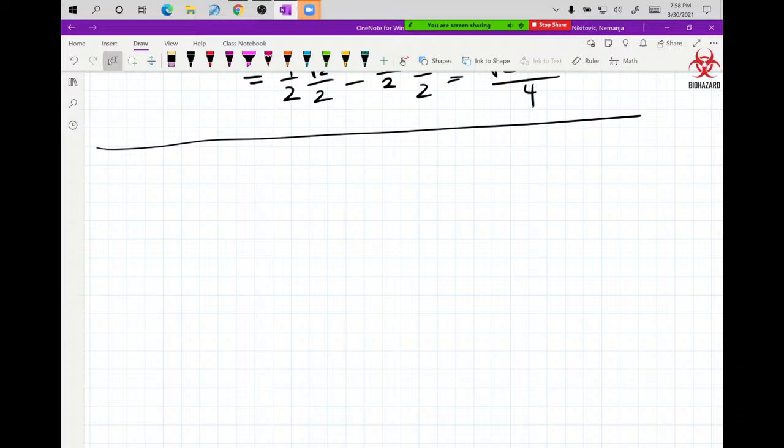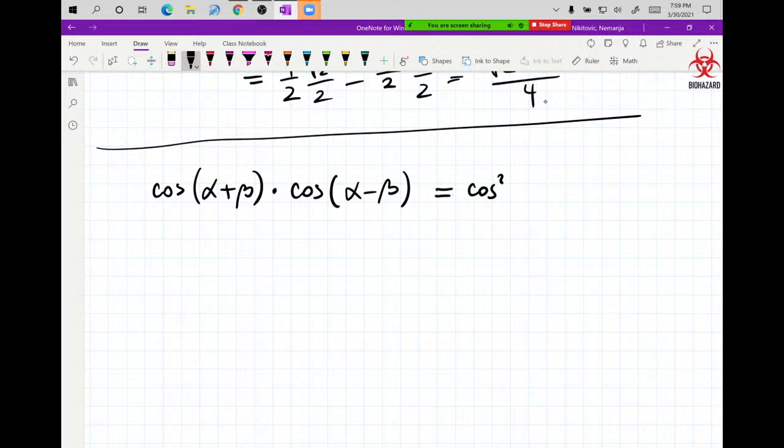They want you to prove that cosine of alpha plus beta, those are A and B in Greek, so cosine of alpha plus beta times cosine of alpha minus beta is equal to cosine squared beta minus sine squared alpha.